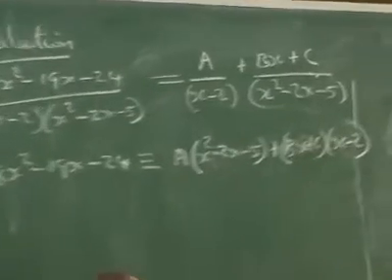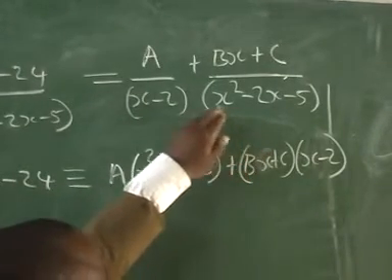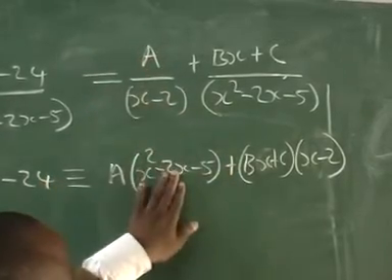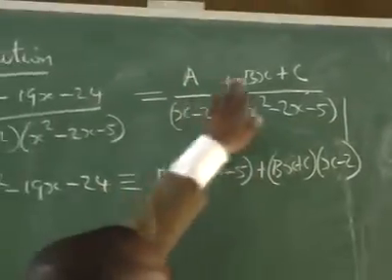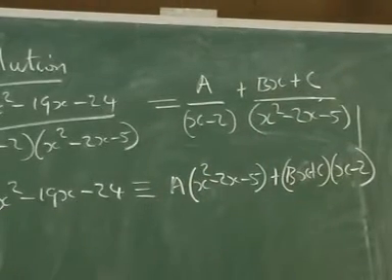I'm going straight because we will take the LCM of this. The LCM cancels, so we use this times a to have this. Going this way, you use this times bx plus c. So I'm just going straight.